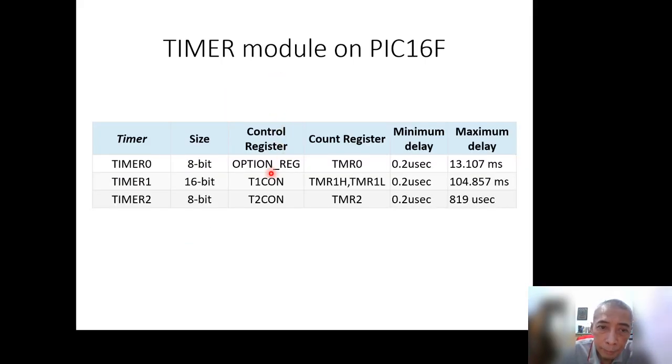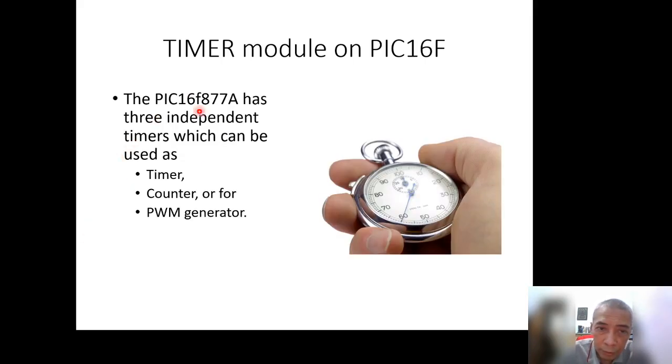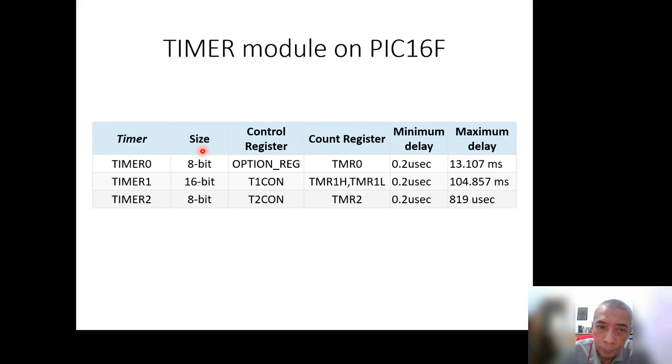So this is the timer module and the registers according to each timer. There are three timers, as I mentioned before: the first timer, the second timer, and the third timer. The first and the third timers are only 8-bit, but the second timer, timer 1, is 16-bit.